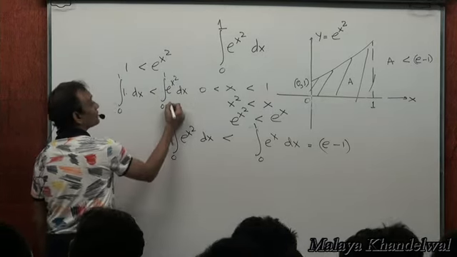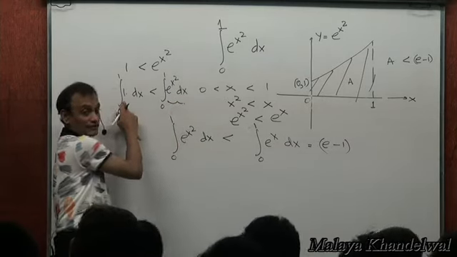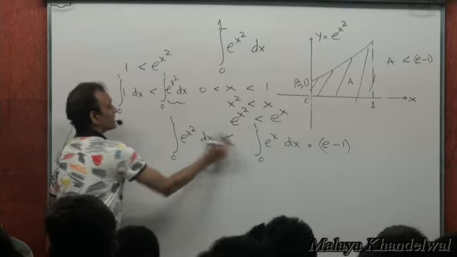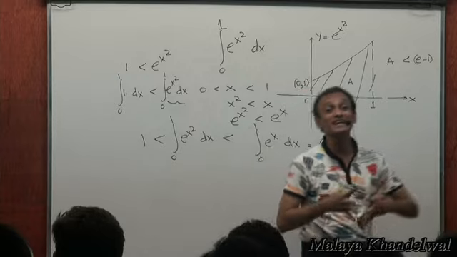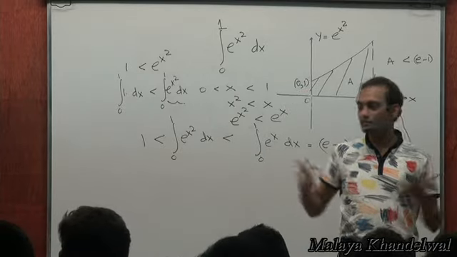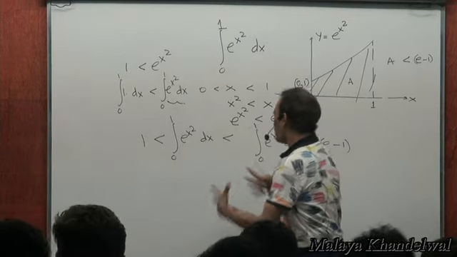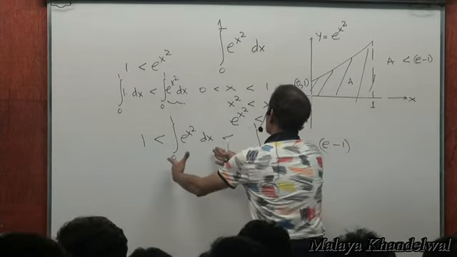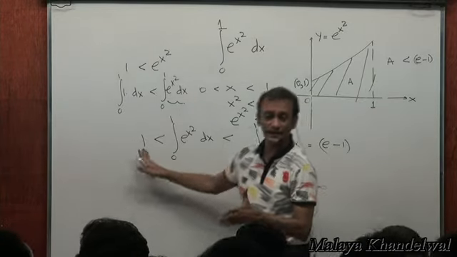That means this A is greater than 1. So, the integral will be greater than 1 but less than e minus 1. That's like estimating integrals. I can't integrate this, but I can say this area will be less than e minus 1 but greater than 1.